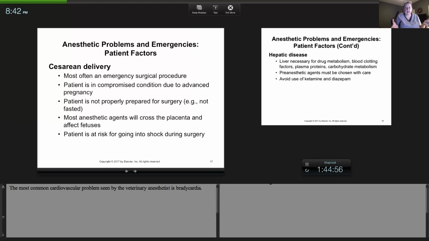So these guys have an issue because they are prone to regurgitation. And the other thing we have to worry about is any of the anesthetics that we give the mother, all of that blood is going to the fetuses. So I tend to try to use opioids that are reversible because you can reverse the pups.